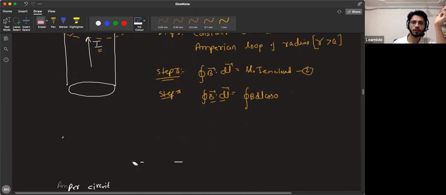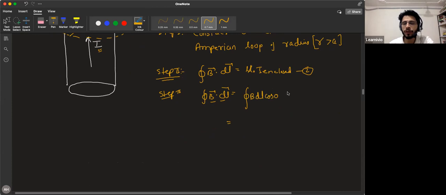Miraj, if B is uniform, then what should be the next step? Muhammad Adil, if it is uniform, then what simplification can you take?